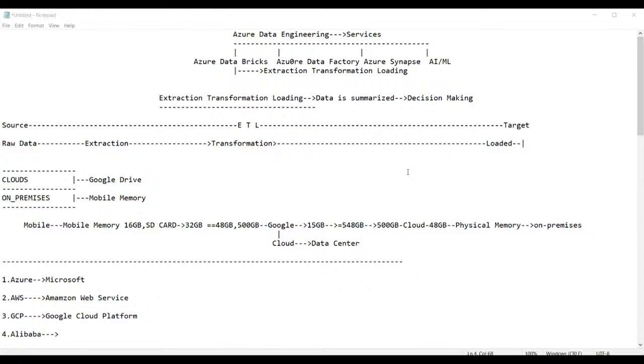Once the data is inserted, picking up the data from there, preparing or moving it into Delta Lake, and then performing the visualization, for all this process we use ADB only. Okay, got it.